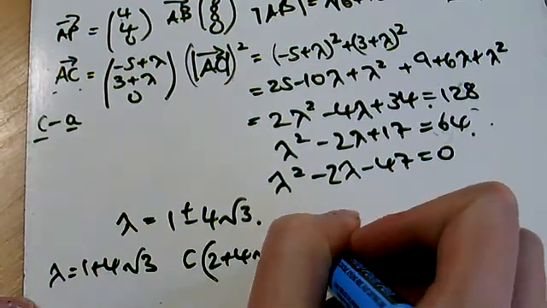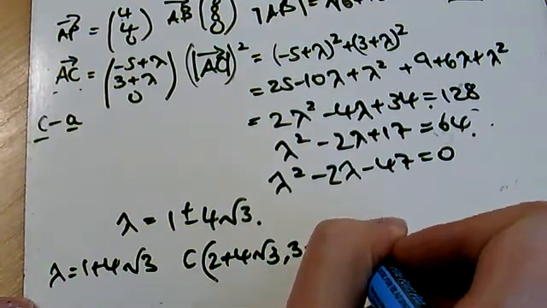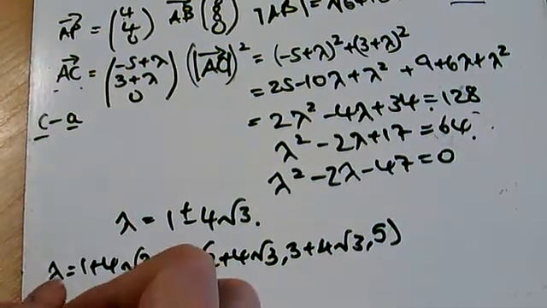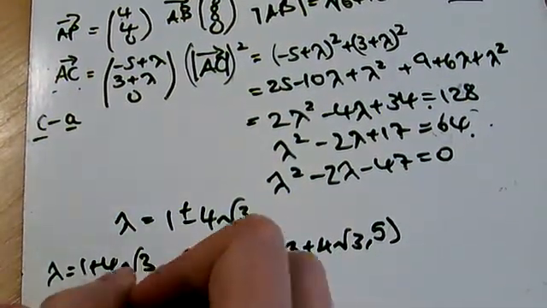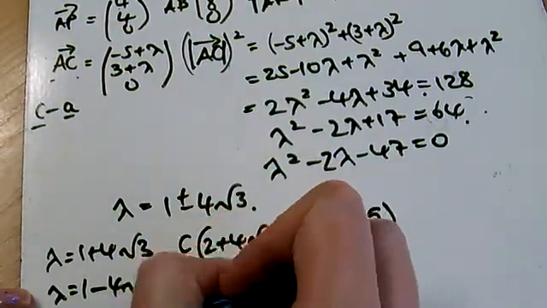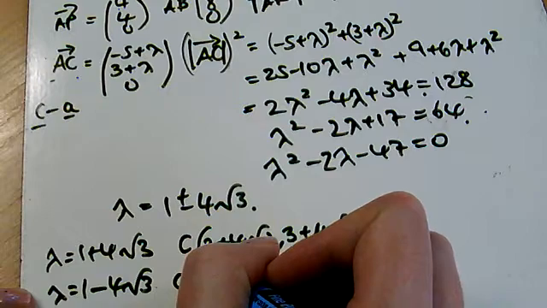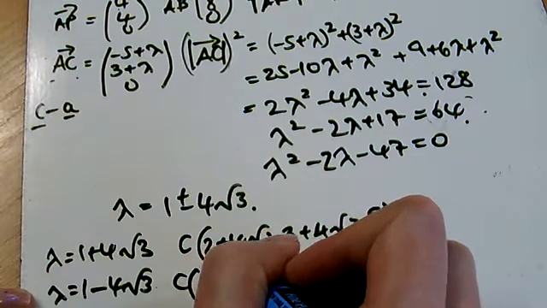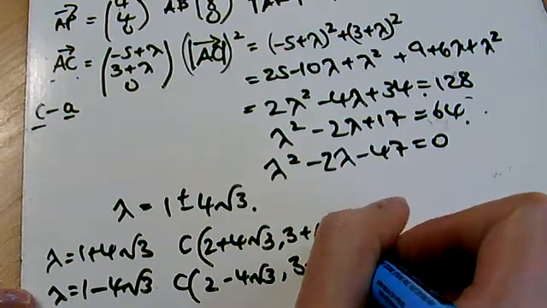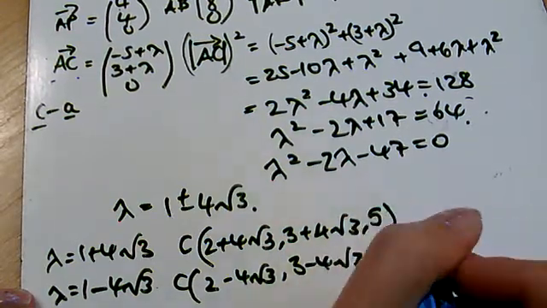The y coordinate would be 3 plus 4 root 3. And the z coordinate is still going to be 5. And then if lambda is 1 minus 4 root 3, that's just going to change these to negatives. And we're finished.